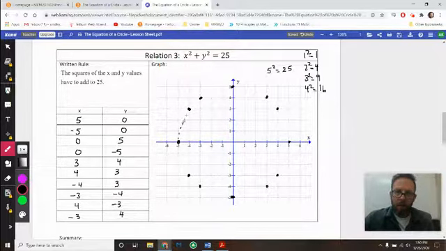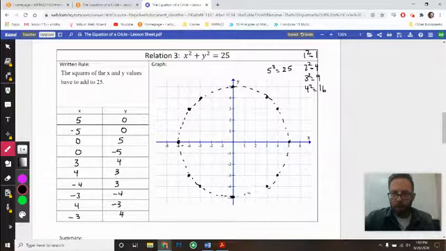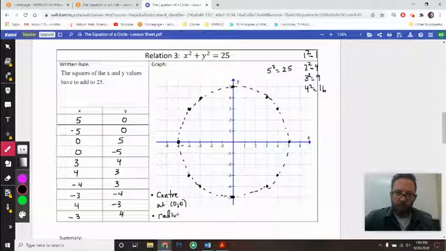And if we connect these points, what we can see is they form a circle. And moreover, this circle has its center at (0, 0), and it has a radius of, you can just see, from the center to the outside, 5 units.